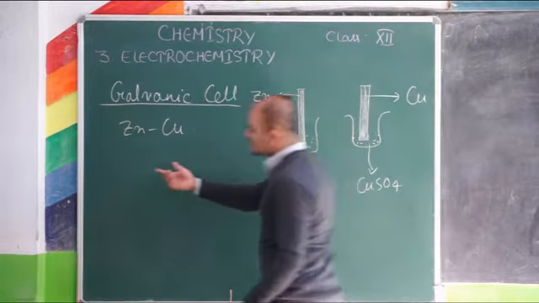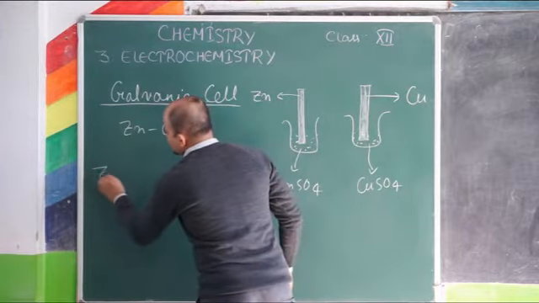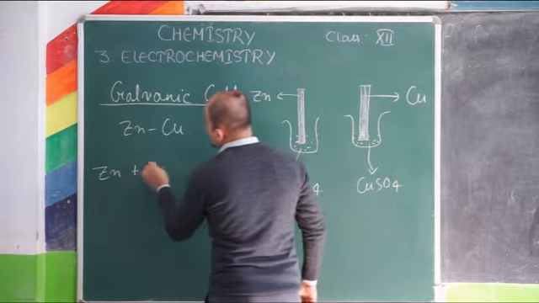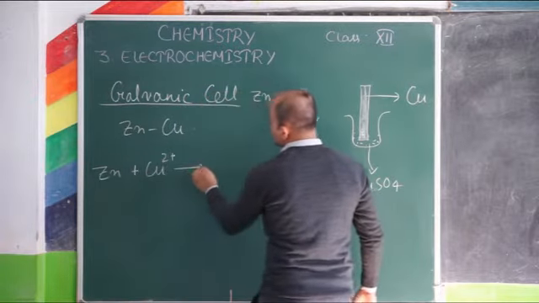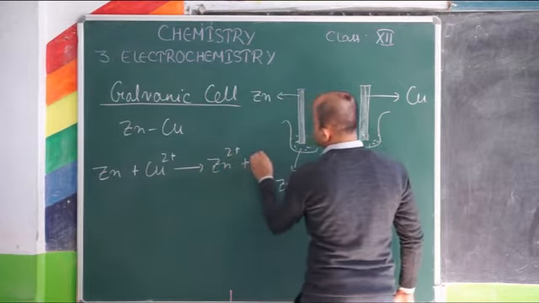The reaction that takes place in this cell is zinc reacting with copper ion to give you zinc 2 plus ion plus copper.